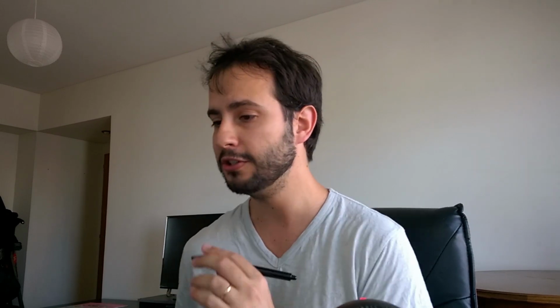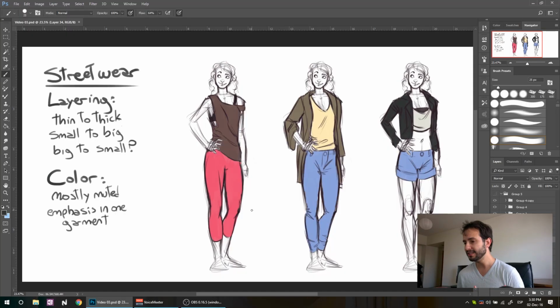So I've been sketching, okay, and as I started doing my sketches and some extra research, these are the things I started finding out. If we look at these 3 sketches, I was just goofing around. I was reading that the secret to streetwear is basically layering and color.